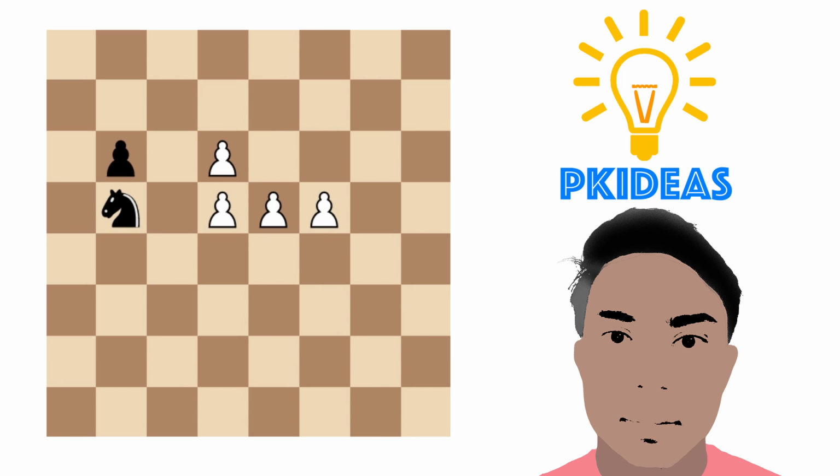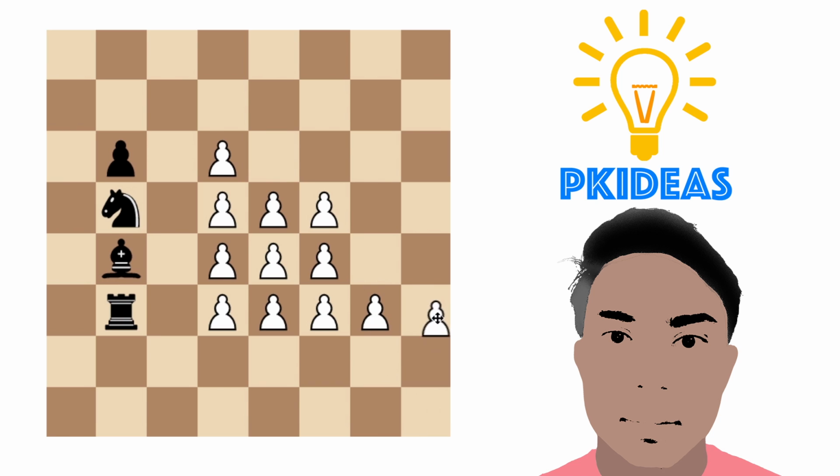Let's take the next piece, a bishop. A bishop is also worth 3 pawns. If we take the next piece, a rook is worth 5 pawns. And now we have the next piece, a queen. The queen is the most valuable piece on the board, simply because it can travel long distances.